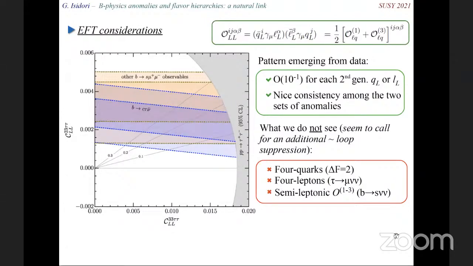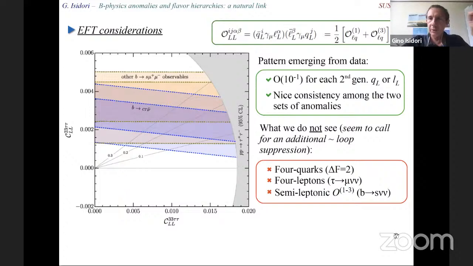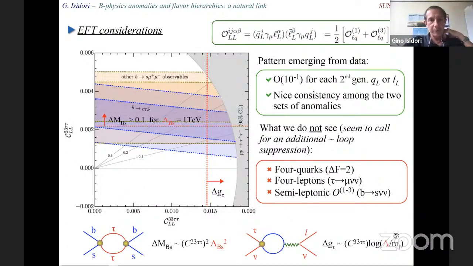Of course, this is just a tree level structure. Then if we take a SMEFT approach, we have to say, okay, suppose that we generate this at the tree level by some new dynamics, we have to understand if this is radiatively stable and which are the effects generated beyond tree level. And here I give you a first hint. Of course, these effects are important. If you take this semileptonic operator and close the tau loop, you generate a correction to B-Bbar mixing, and you also generate unavoidably a 4-lepton operator, which violates universality in tau decay.